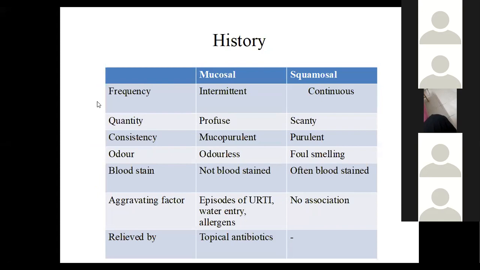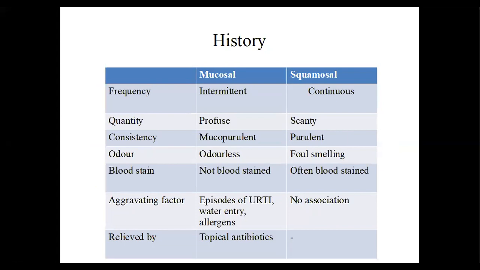explain to the examiner why you are telling whether it is a mucosal disease or a squamosal disease. That means if the patient has a history of ear discharge which is happening intermittently and the patient is having a profuse otorrhea, how will you explain intermittent discharge happening in mucosal disease?